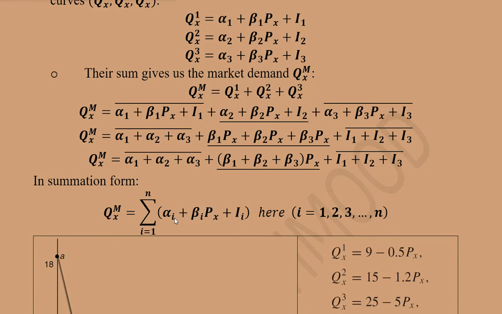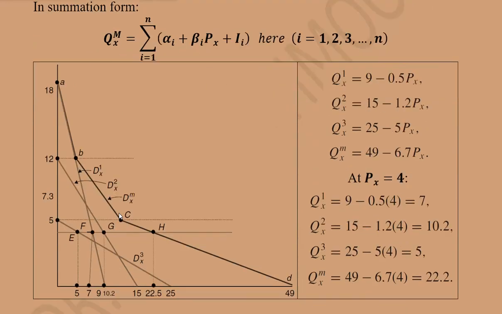So this is alpha i representing this term, this is beta i px representing this term, and this is Ii representing I1, I2 and I3, the incomes of the individuals. So summarily we are writing this. i can be from 1 till any number of the individuals. This is the market demand curve.